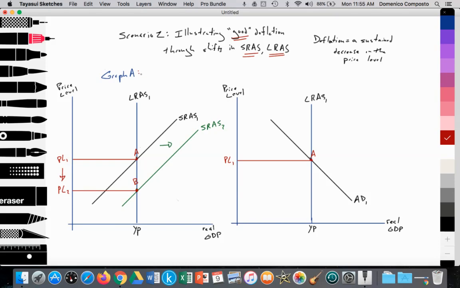So here is an illustration of SRAS shifting out, leading to good deflation.